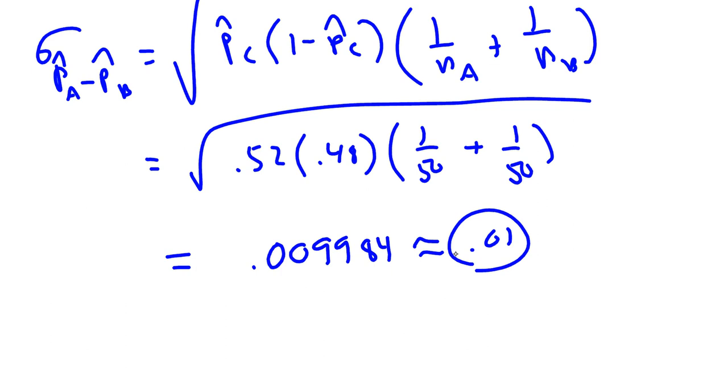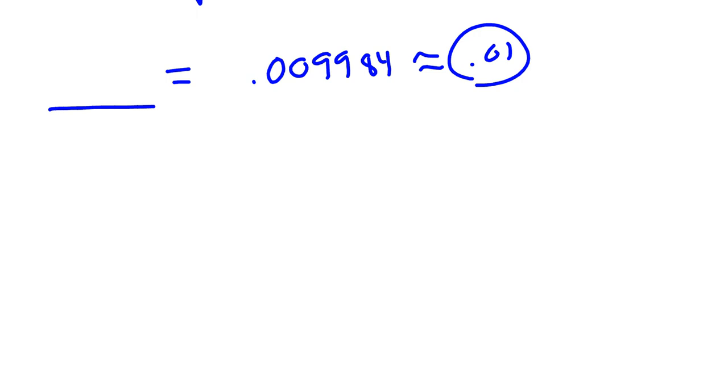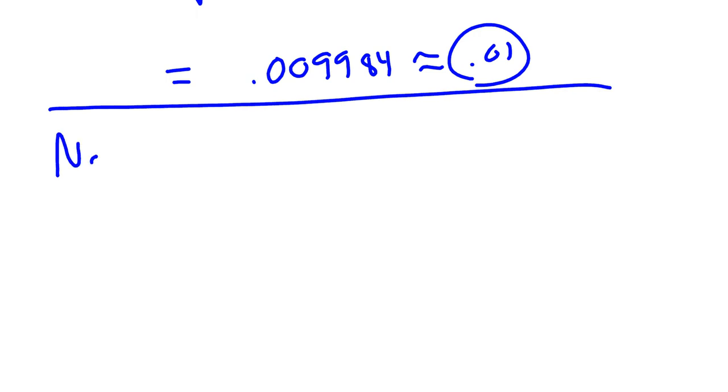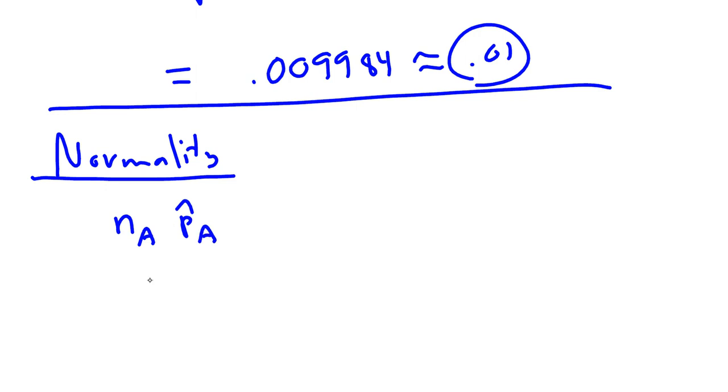The third condition is to check for normality. So how do you check for normality? In the case of proportions, you need to check the following. You need to check that n sub A times p hat sub A, and also that n sub A times 1 minus p hat sub A, both of these things need to be greater or equal to 10.